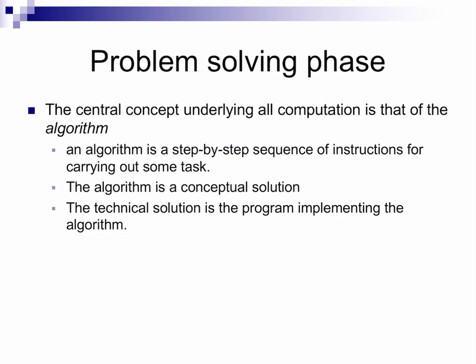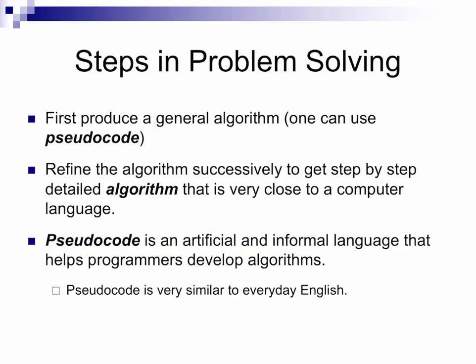So let's talk more about the problem-solving phase. When you make an algorithm, which is the step-by-step sequence, you're going to have a conceptual solution and the algorithm, and you're going to be implementing the program of that algorithm. So first, to do that problem solving, you're going to have what's called a pseudocode.